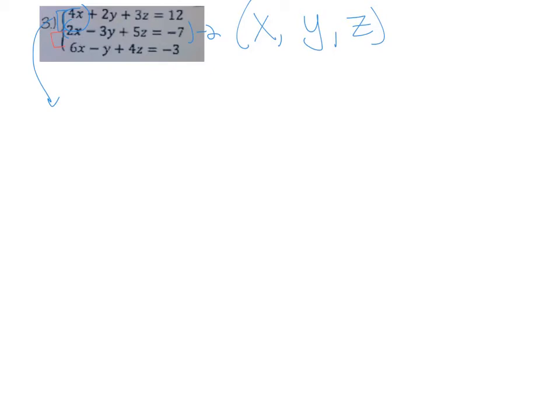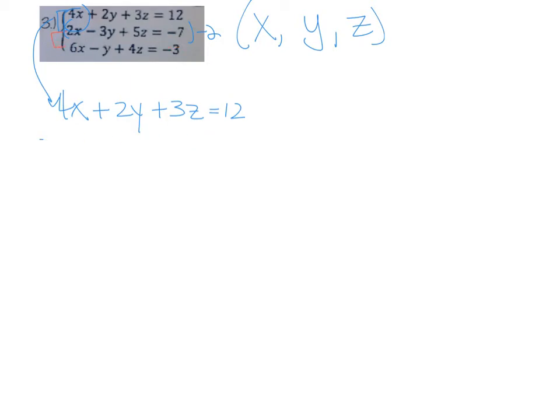So all I'm going to do is rewrite that first equation. And then I'm going to distribute this -2 through this middle equation, and that's what I'm going to write down here.